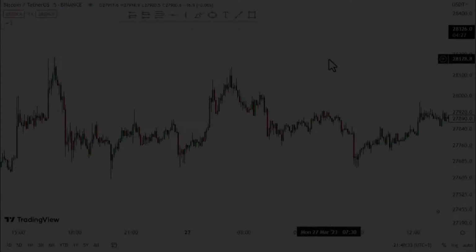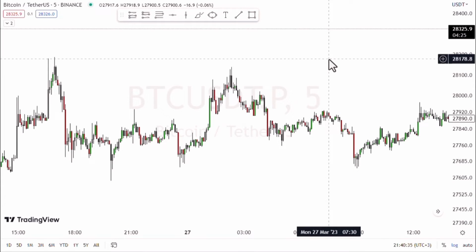Let's do it together. All right, this is the Bitcoin to USDT 5 minutes chart. And as I told you beforehand, we don't want to go through all the examples one by one. We just want to make some trading examples, including all the things that we covered previously.